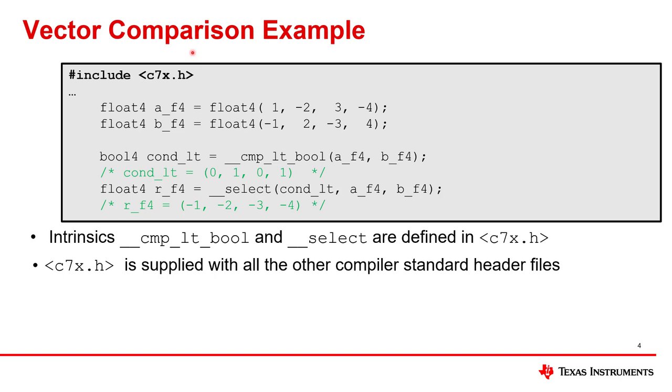This example code uses some intrinsics: CMP LT bool, and select. Those intrinsics are defined in the header file c7x.h, so you have to include that header file to be able to refer to those intrinsics.